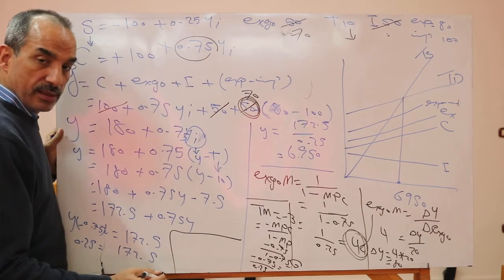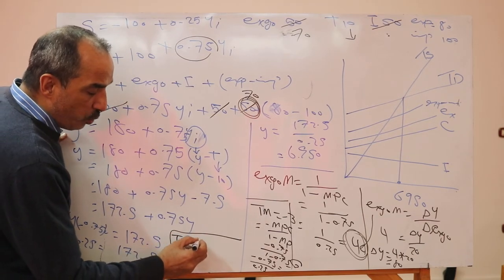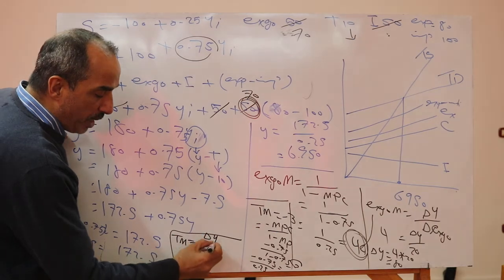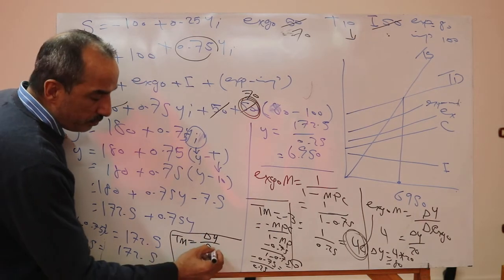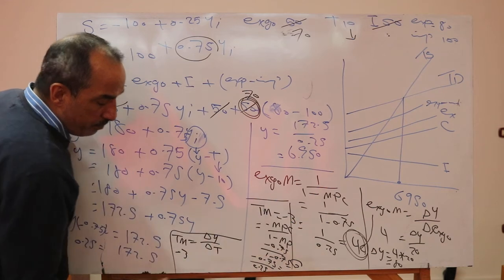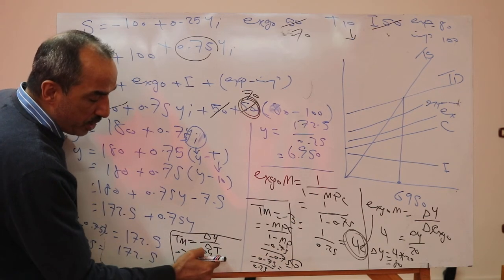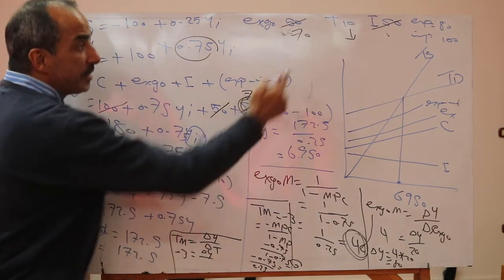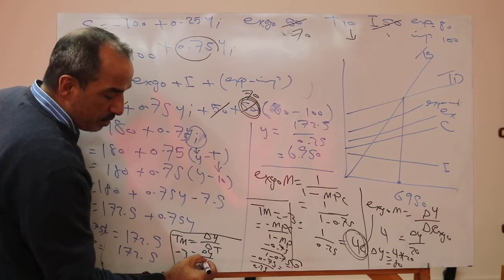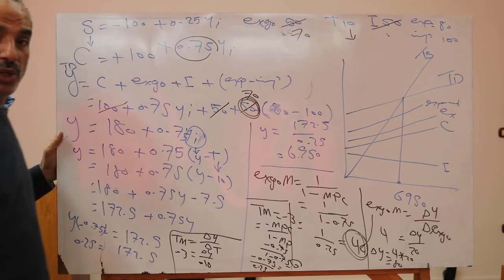The last steps, taxes multiplier equal change in income out of change in taxes. Tax multiplier negative 3, change in income I don't know, change in taxes decrease negative by $10 million.